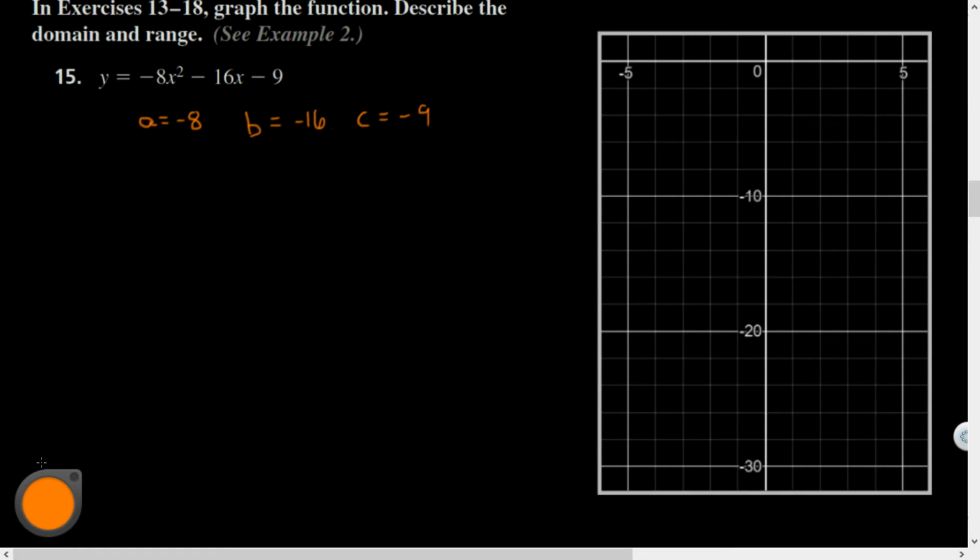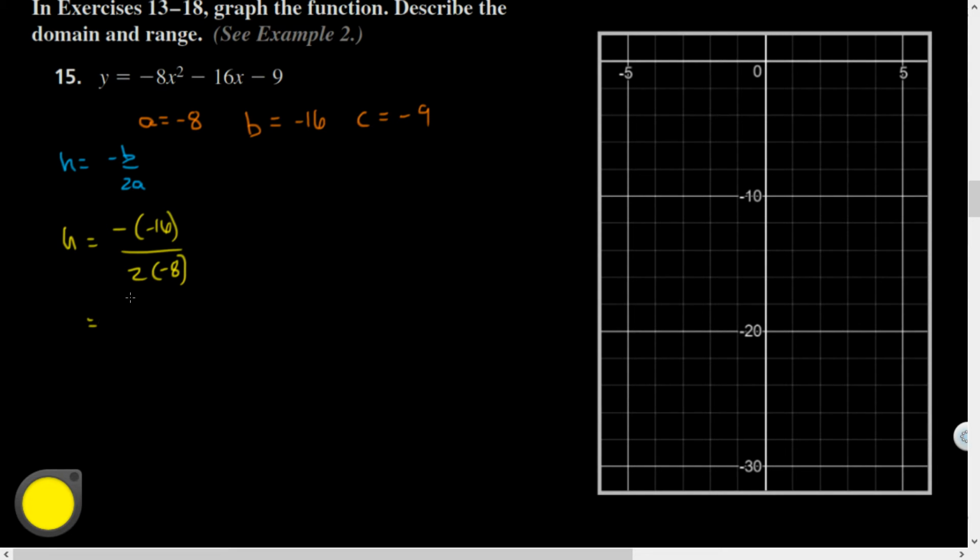-9. -9. And so once again, I'm going to find h by doing negative b over 2a. My a sometimes can look like a 9 there. My apologies. So I'm going to have h is equal to the opposite of -16 over 2 times -8. Careful with all these double negatives here.